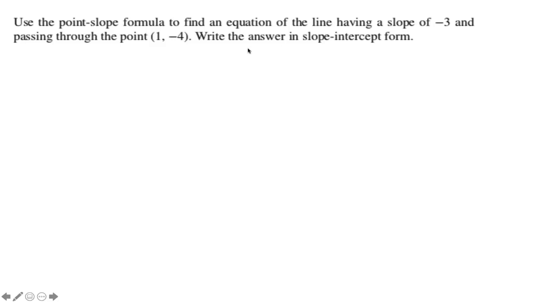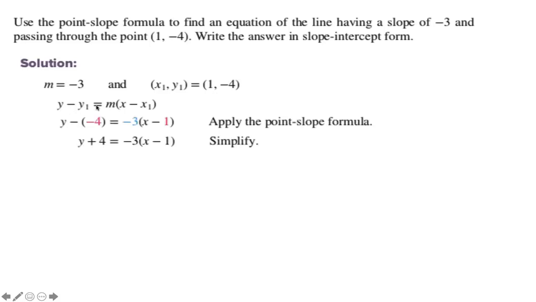Okay, let's use this formula to find an equation that has this slope, -3, and goes through this point. So m is -3, and the point x1, y1 is 1, -4. So we plug into this formula: y minus -4 is equal to -3 times x minus 1. So y plus 4 is equal to -3 times x minus 1. And so there's our equation for the line. Now this question asks us to write this in slope-intercept form, so we have to solve for y.